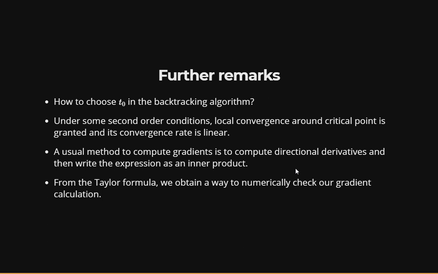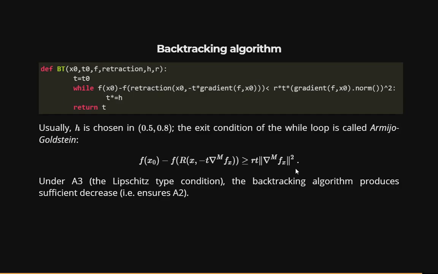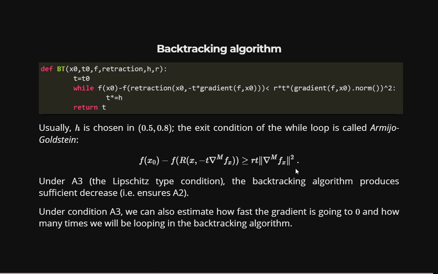So if you want to see the proof, or maybe you don't care about the proof and you could be almost right in thinking that, but if you want to see how, for example, the Lipschitz condition gives you the global sufficient decrease and how the Lipschitz condition gives you the rate of convergence and the estimate on the number of loops you need, that reference contains the precise statements.